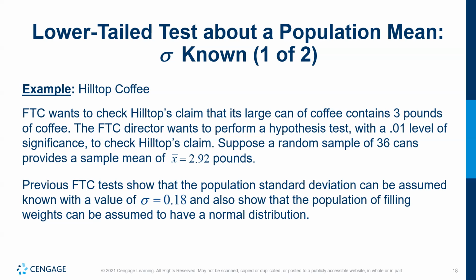All right, so think of everything we're given here. We're given a claim of 3 pounds. We're given a significance level of 0.01, which is also the same as a confidence level of 0.99, okay? We have a sample size, an n of 36, and a sample mean, x bar, of 2.92. And we have a population standard deviation of 0.18.